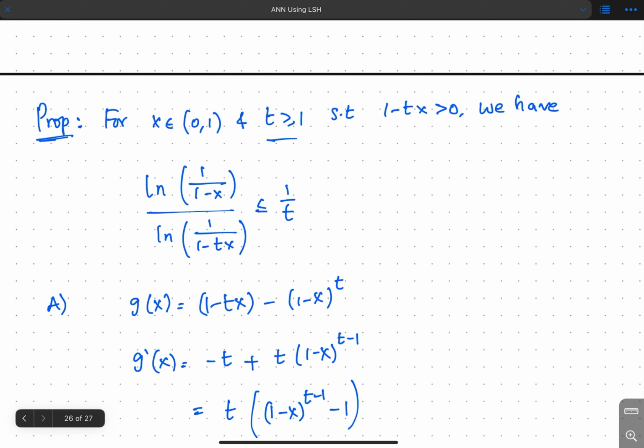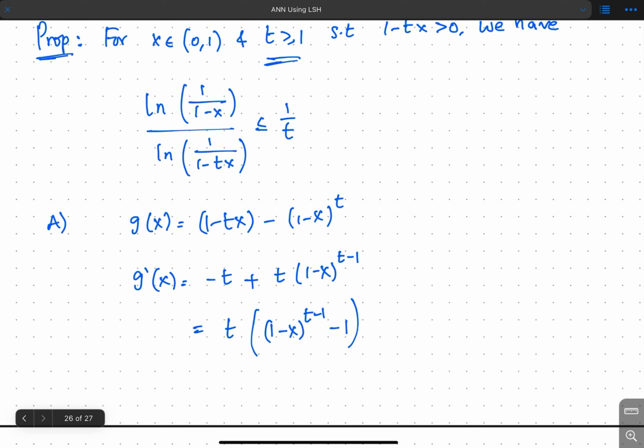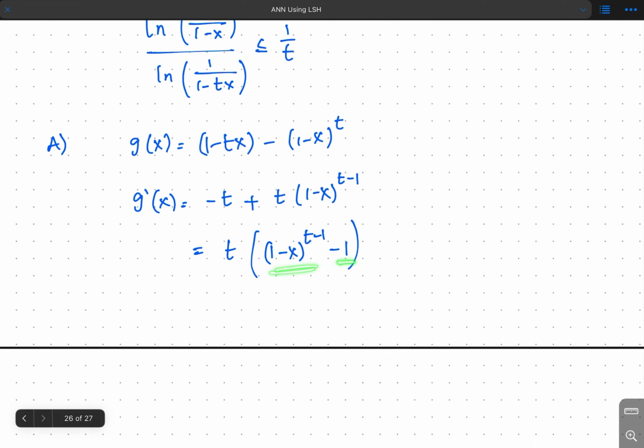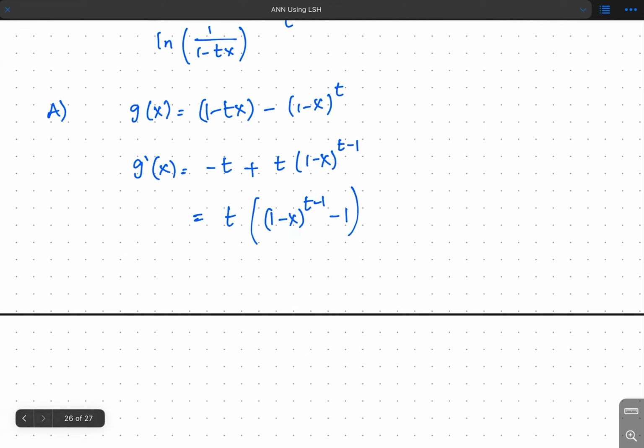We said that t is greater than or equal to 1, so this exponent is non-negative, and x is in between 0 and 1, so this entire thing is less than 1. We are subtracting 1 from something less than 1, so this will turn out to be less than or equal to 0.